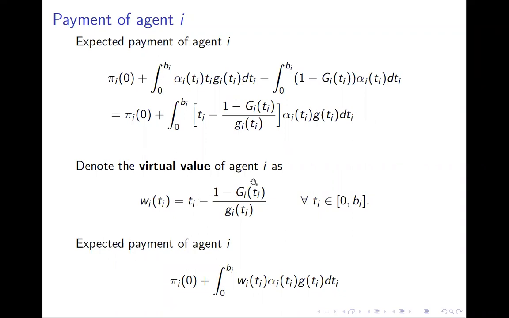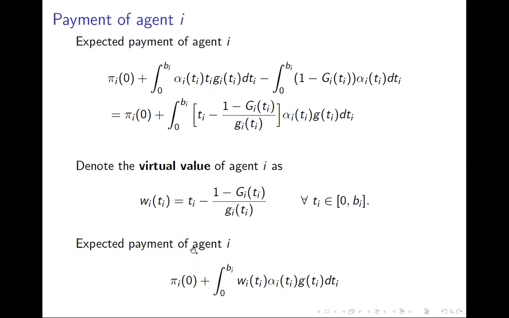There's a particular term for this expression, ti minus this term. It's called the virtual value of agent i. So instead of thinking about the actual value of agent i, which is ti, the revenue expression is basically a function of this virtual value, which is ti minus a term dependent on the prior Gi. So ti minus a term which depends on the distribution of values of type of agent i.